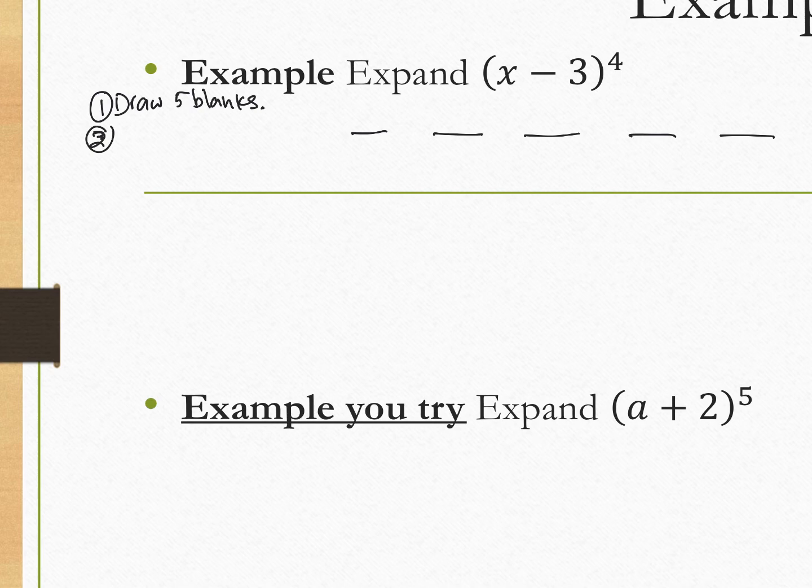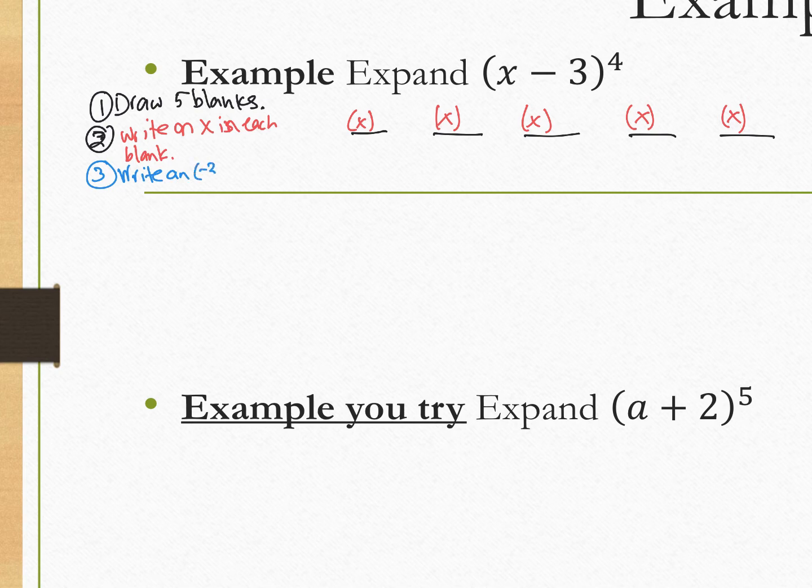So we're going to write an x in each blank. And we're also going to write the back term of the binomial, -3, in parentheses in each blank.